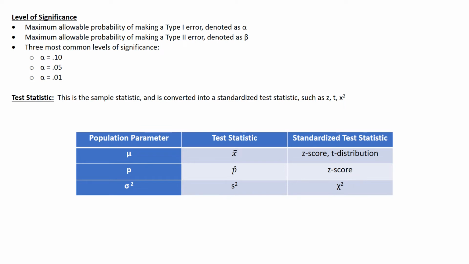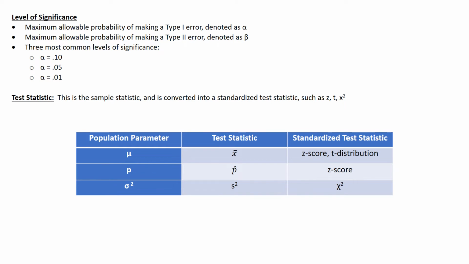If we're looking at population proportions, P, the sample proportion, P hat, again, we use the Z table. We've done this before. And for the population variance, we use the sample variance, and then the standardized test statistic is the chi-squared. Well, we will not be doing that in this class, but I wanted to make you aware of it.